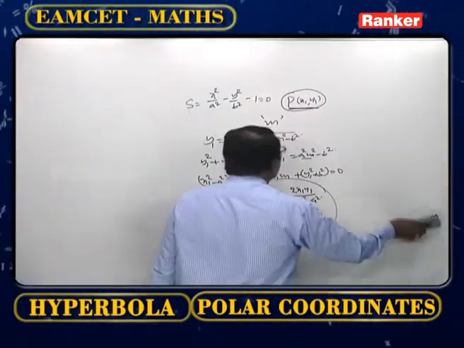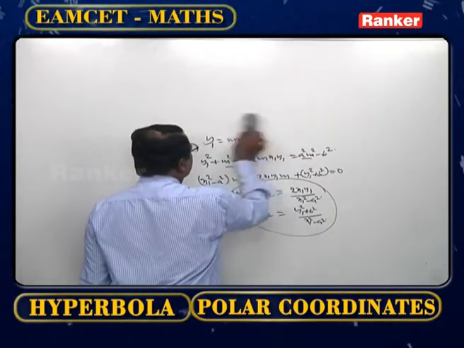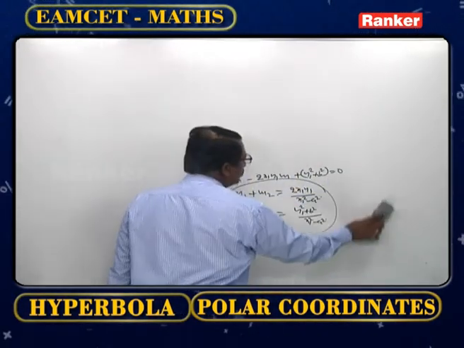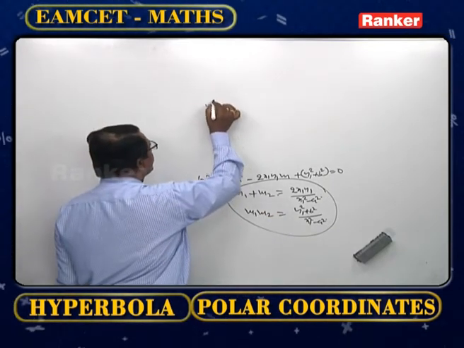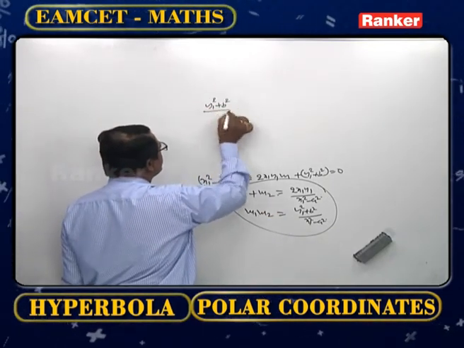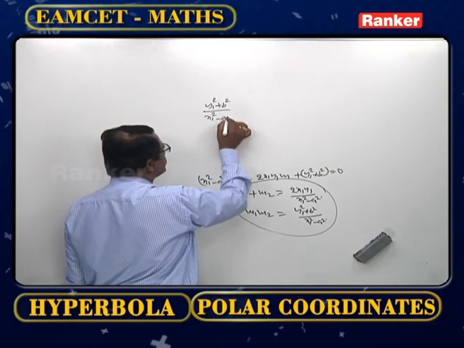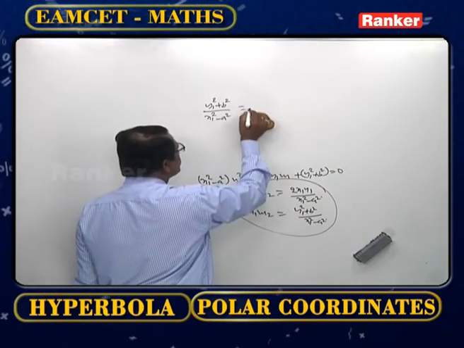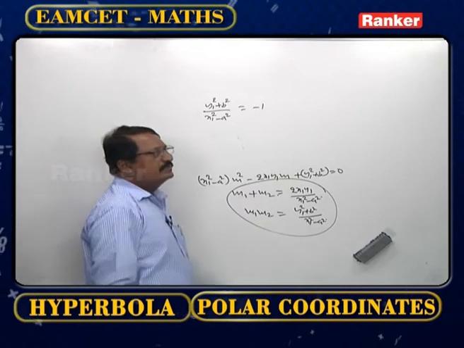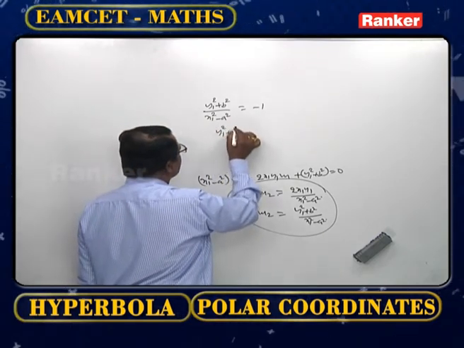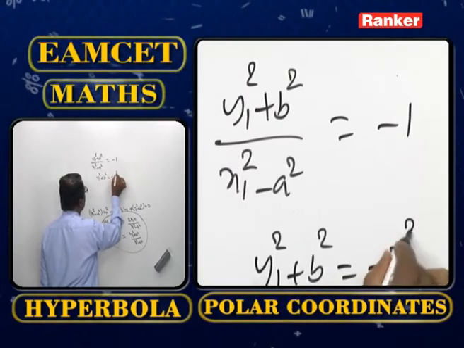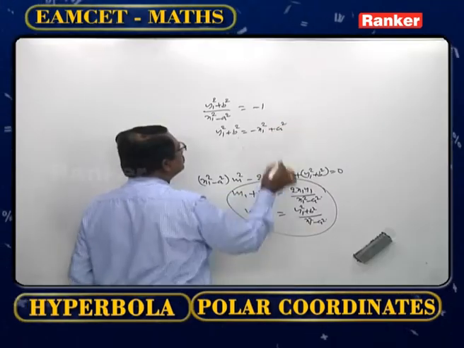Now if these tangents are perpendicular to each other, then the product of slopes equals minus 1. So y1 square plus b square by x1 square minus a square equals minus 1. By cross multiplication, y1 square plus b square equals minus x1 square plus a square.